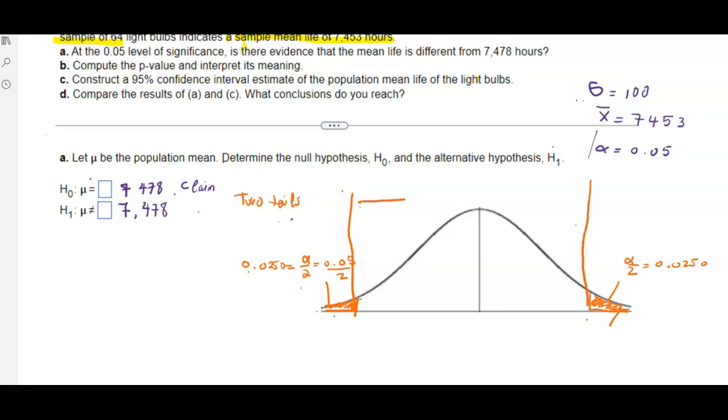So here is the do not reject zone, and the outside is the reject zone.